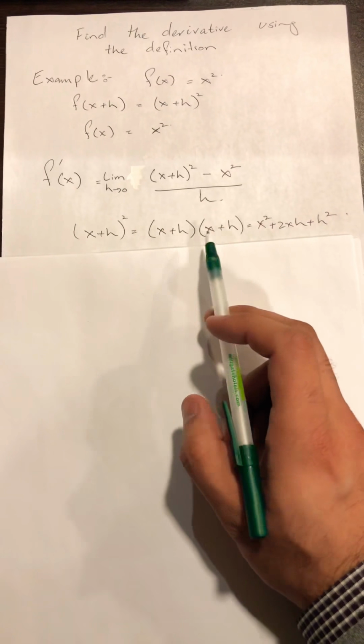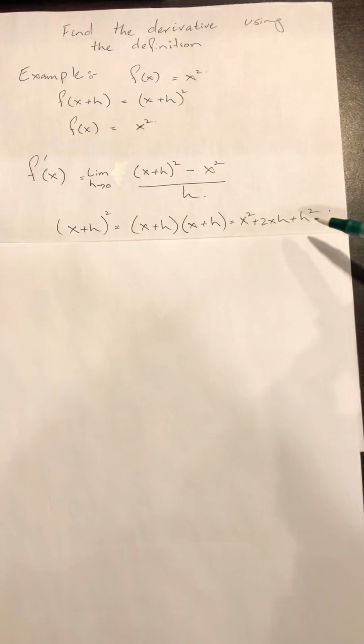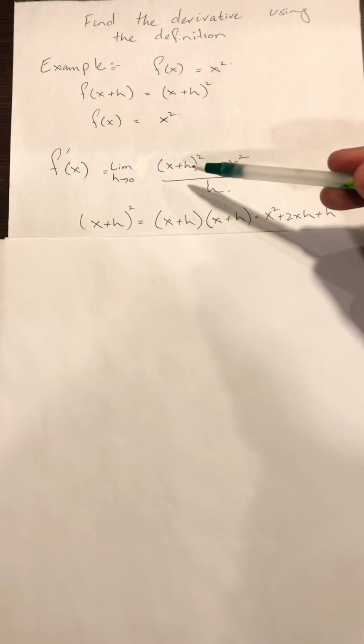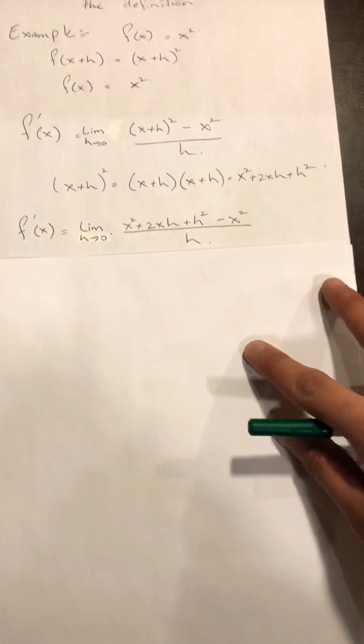So x plus h multiplied by x plus h will give us x squared plus 2xh plus h squared. We could substitute it back here, and we'll end up with something that looks like this.